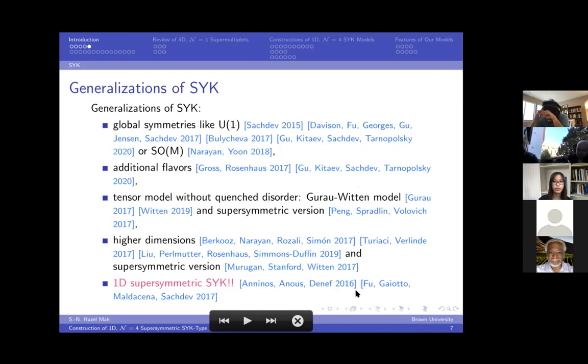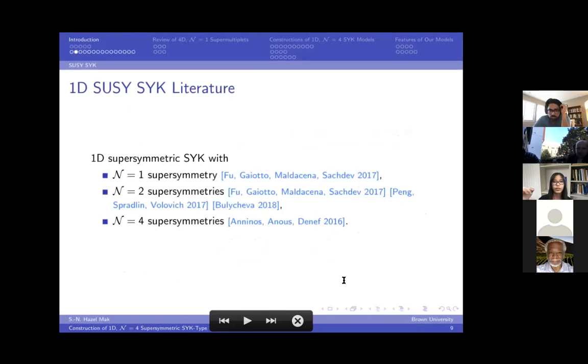For 1D supersymmetric SYK models, you can throw in N=1 supersymmetry, N=2, or N=4 supersymmetry. The first paper that came out for a 1D supersymmetric SYK model is actually the N=4 one, by Anninos and Denef in 2016.